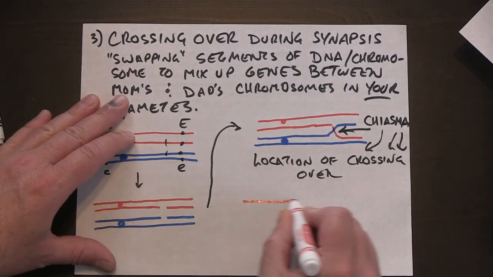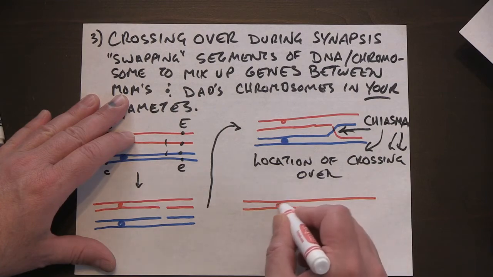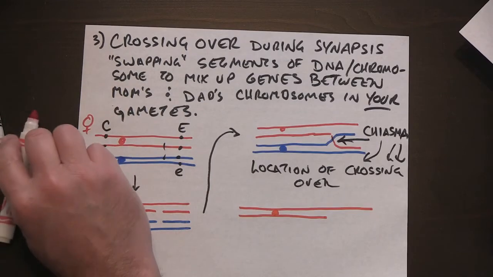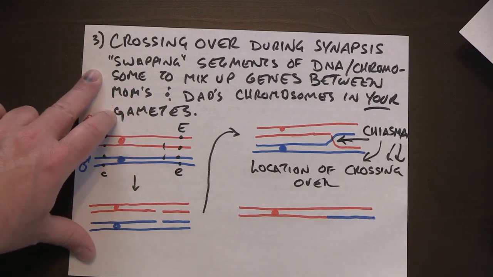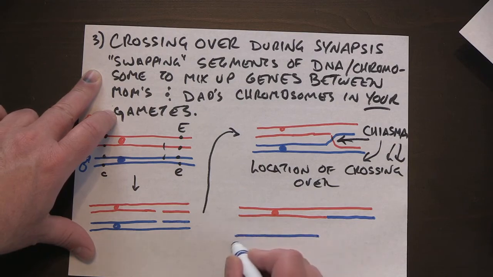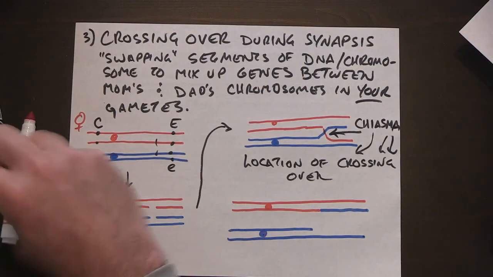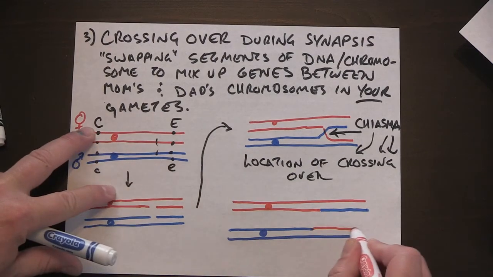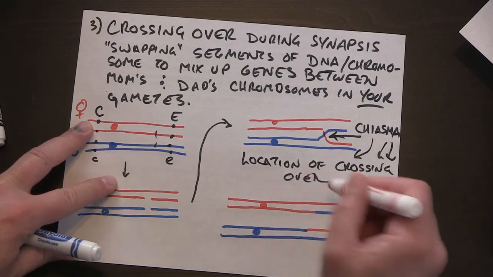So now mom's chromosome, or the one you got from your mom, has got a little segment of the section that you got from your dad attached to it. And then same thing, dad's now has a little section of the chromosome that your mom gave you. Okay? So that's crossing over.